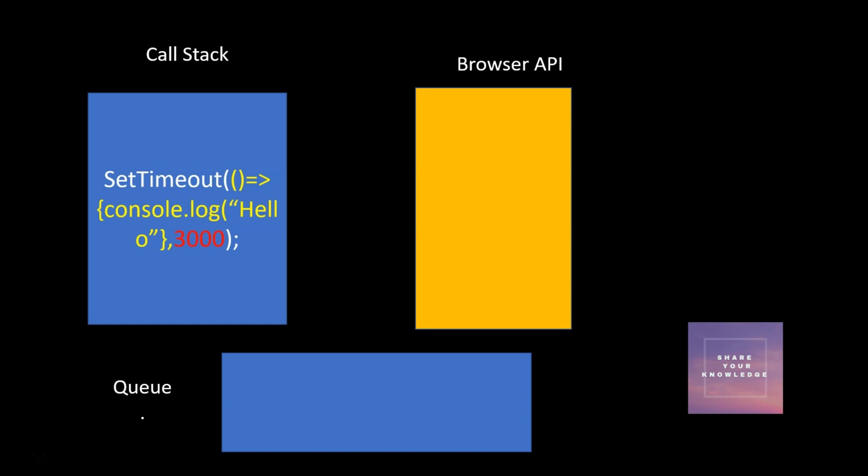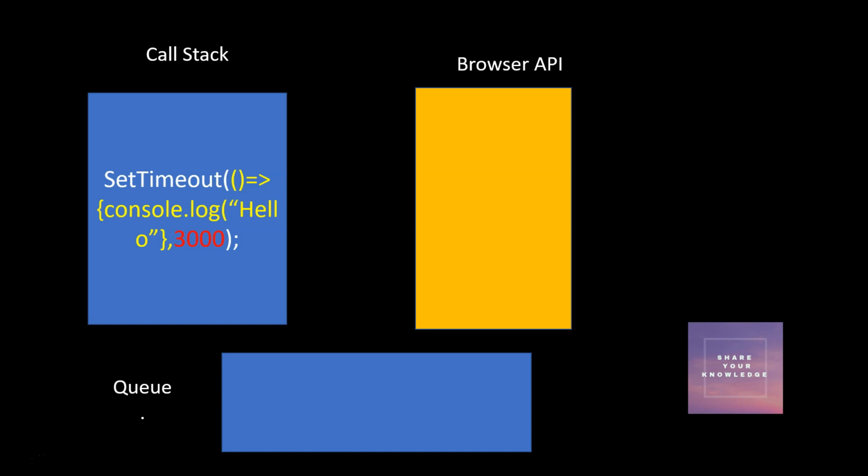Now, setTimeout is an asynchronous function, and setTimeout is not a JavaScript function. It is a browser API function. It is different for different browser vendors. So we wrap the console hello that we want to print in a function and give it to setTimeout.